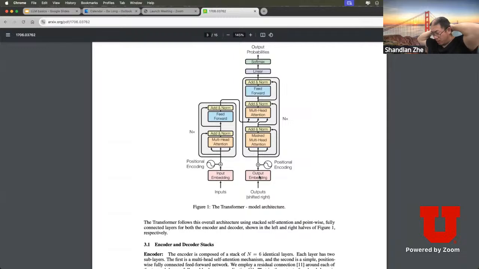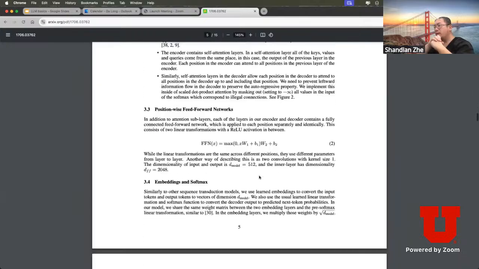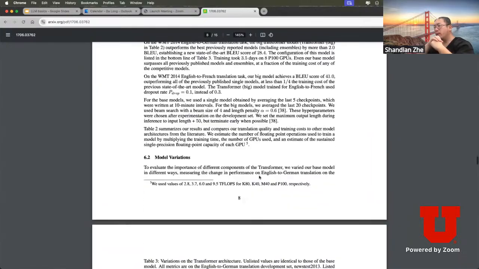One advantage of attention over the RNN is that in an RNN you need to compute state by state, but attention can do this in parallel.